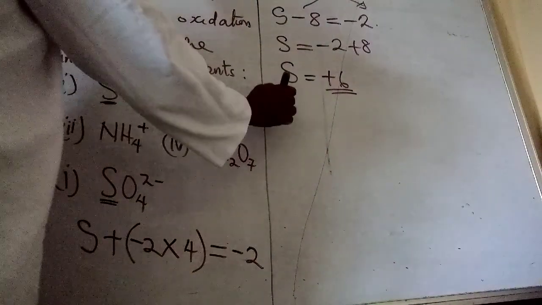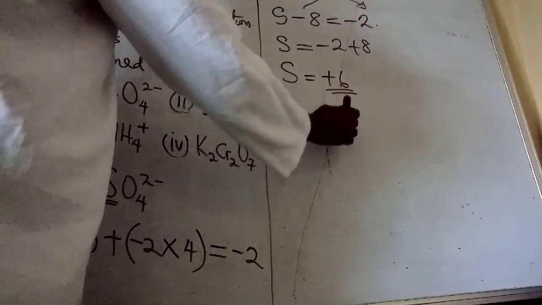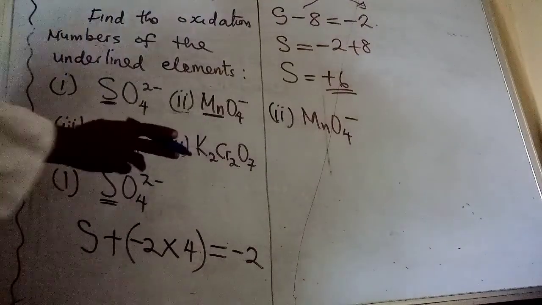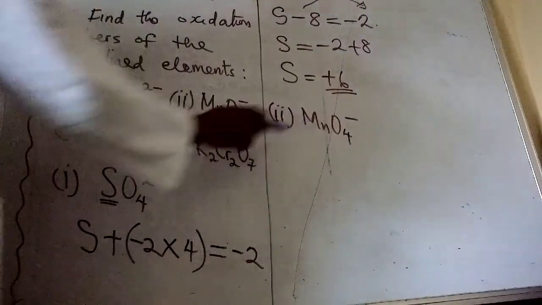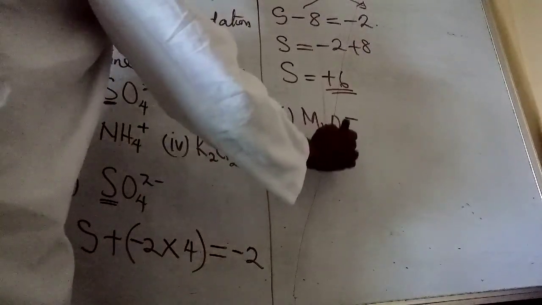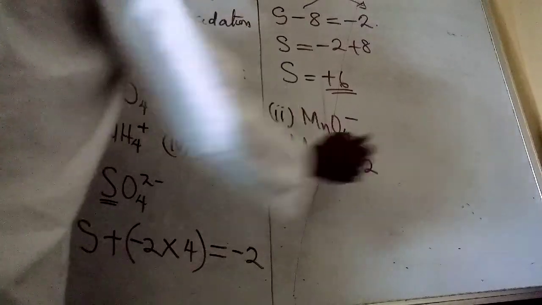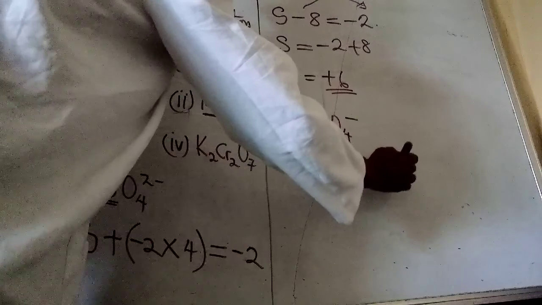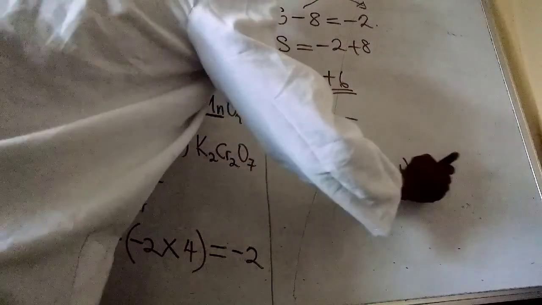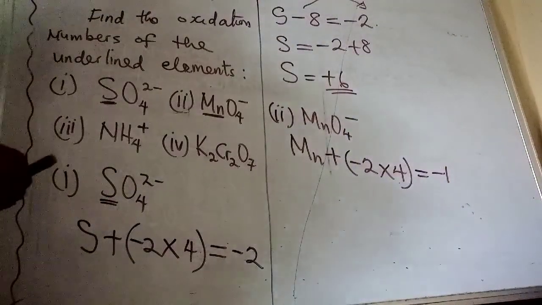Same thing applies to Roman figure 2, MnO4 minus. So we are looking for the oxidation number of manganese. So manganese plus, open bracket, oxygen has minus 2 as oxidation number times 4 because we have 4 atoms of it, equals minus 1 because we have only a single charge here.